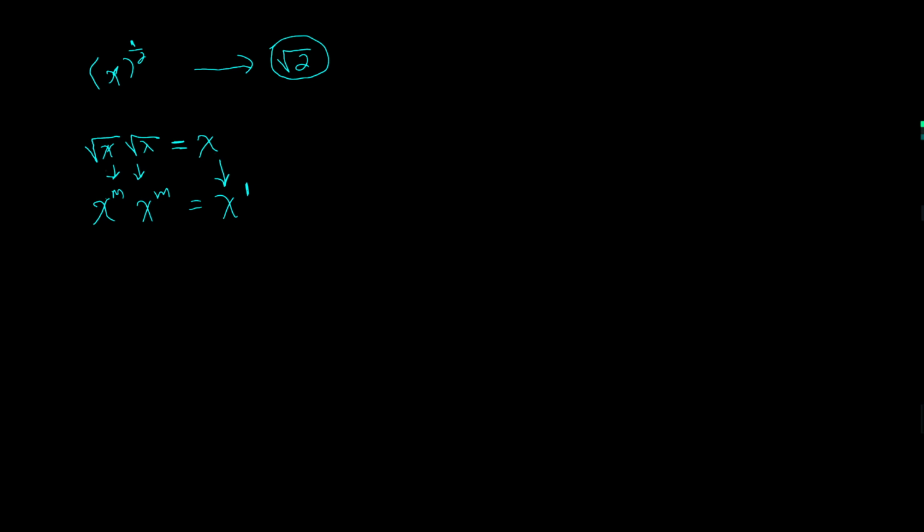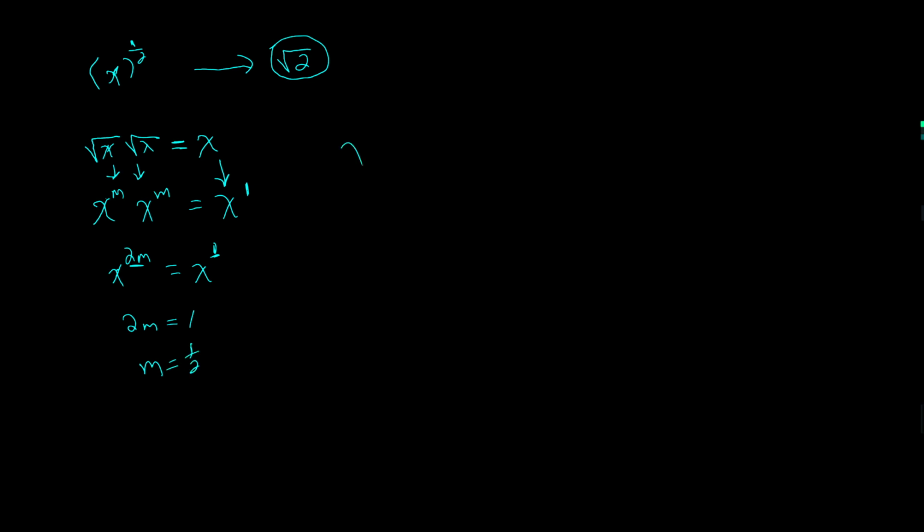Now I just want to convert my square roots to some type of exponent. So my exponent rule says I add these, and my law of equality will say that the exponent is 1/2.